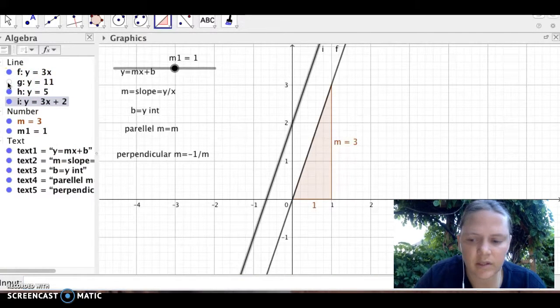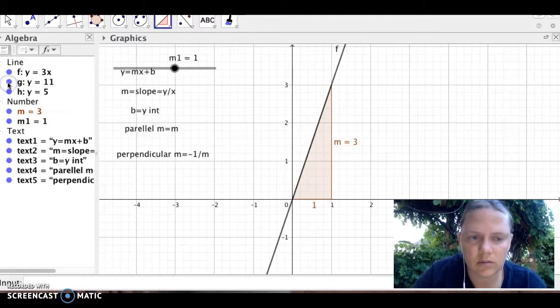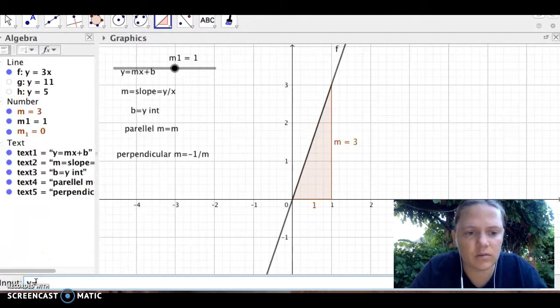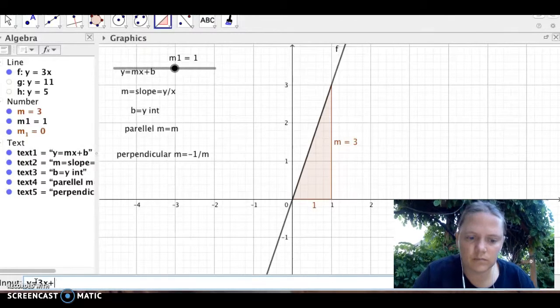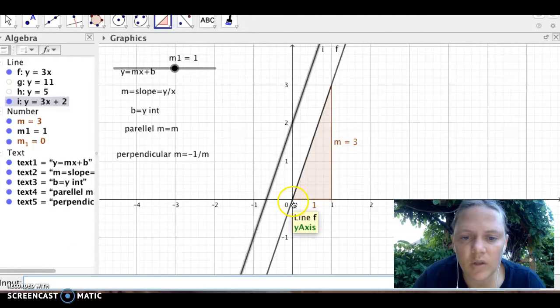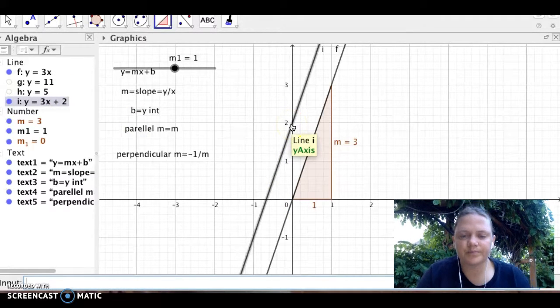I'm going to go ahead and delete this one. Okay, so y equals 3x plus 2. Now we have the same m: our 3x and our 3x, so they're parallel, and we're going through our y-intercept of a positive 2.